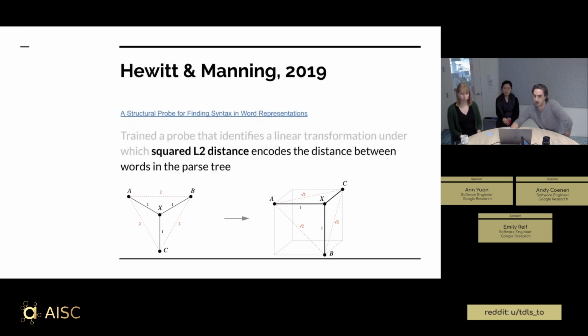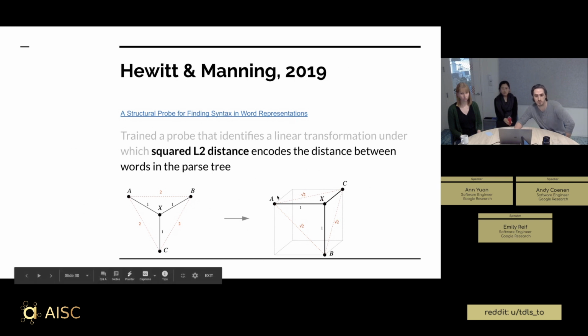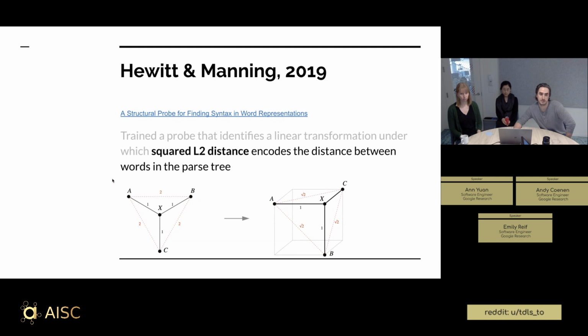And this is that neat property that Hewitt and Manning found: that in the projection into the syntax tree subspace, the squared L2 distance, meaning this square root of 2 edge, squared, is the same as the distance in the parse tree, which would be 2. They put this in as a footnote. They said they don't quite understand why it's this weird squared relationship. But it turns out it's this really nice property.